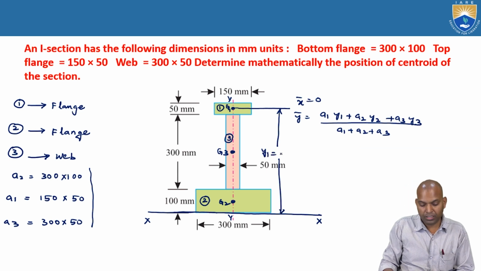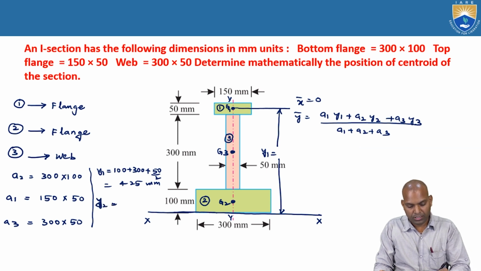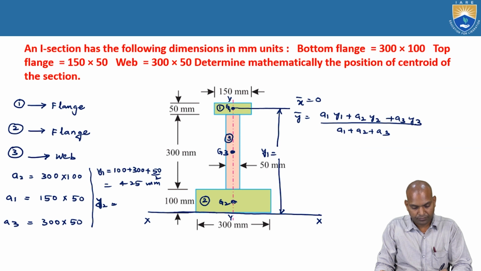What is Y1 here? Y1 equals 100 plus 300 plus 50 by 2, that is 425 millimeters. What about Y2? Y2 is the distance from G2 to XX.